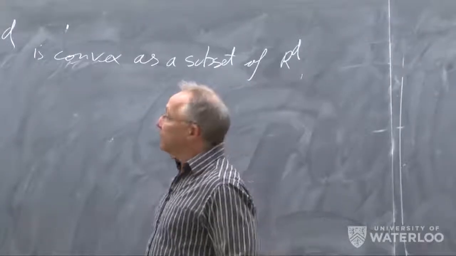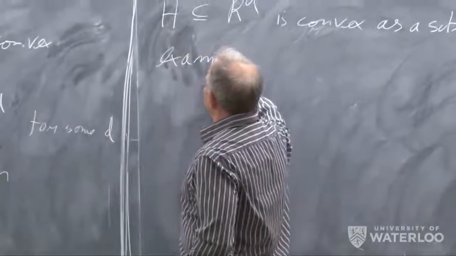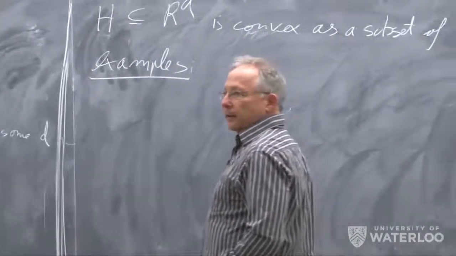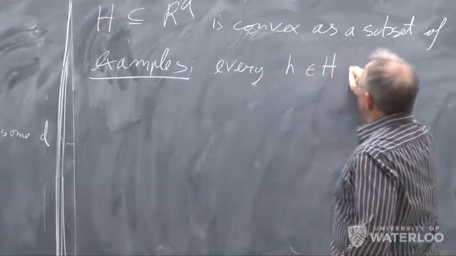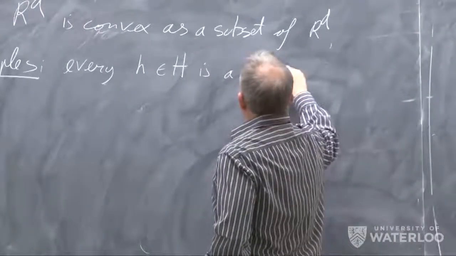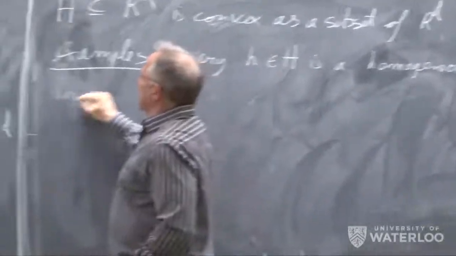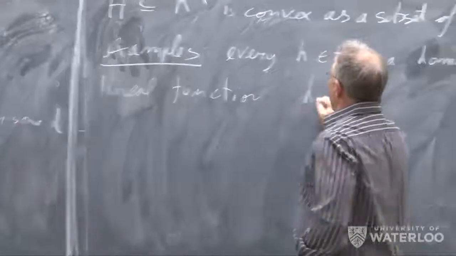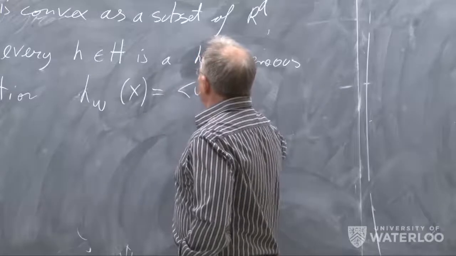The most simple example is if I want to do classification. The generic example is that every h in H is a homogeneous linear function, h_w, and h_w of a point x is just the dot product of w and x.